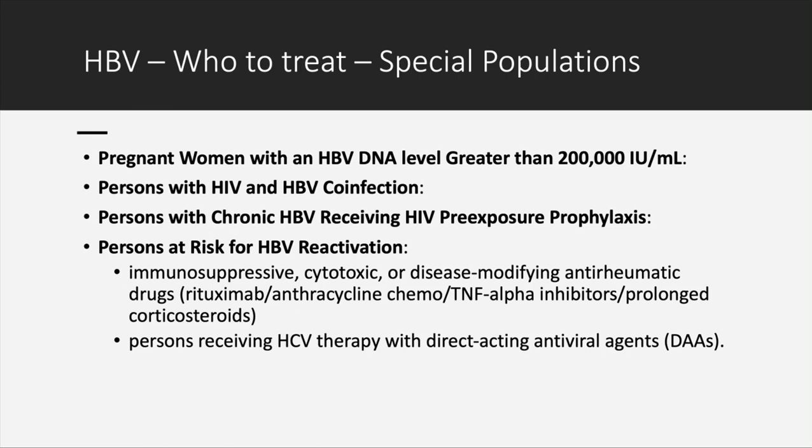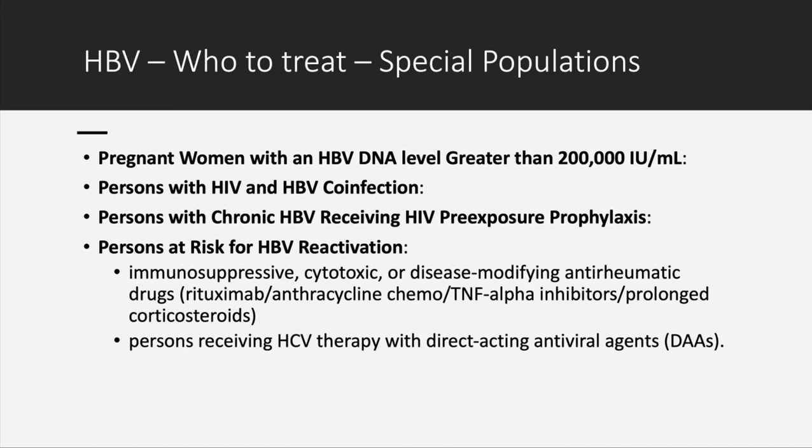What antiretrovirals work against hepatitis B? Tenofovir. Do both tenofovirs work against it? TDF and TAF? Yes. What else? Entecavir. And how often do you treat your HIV patients with entecavir? No. It's not an antiretroviral, but it's a great Hep B drug. Lamivudine.